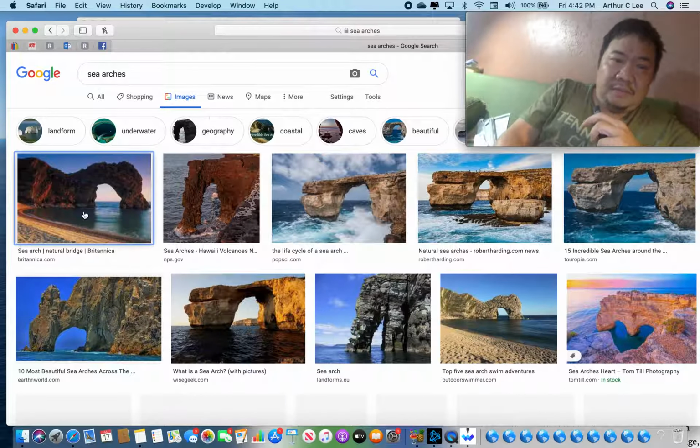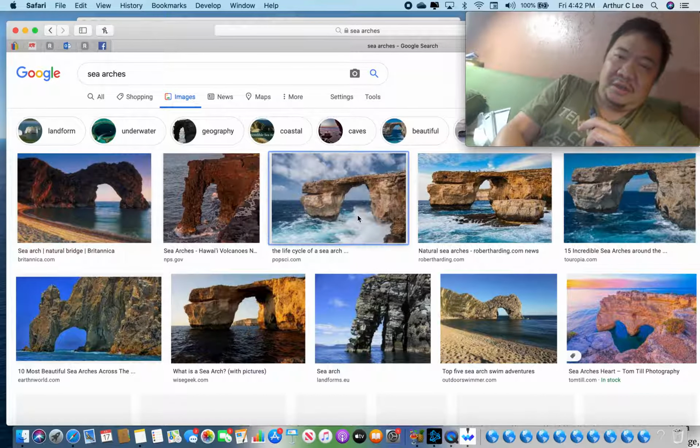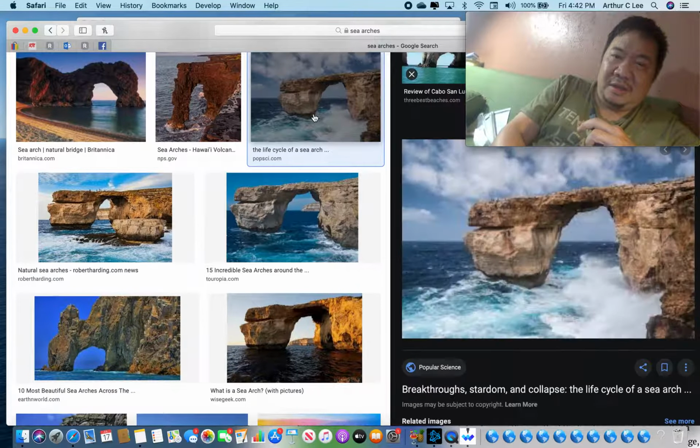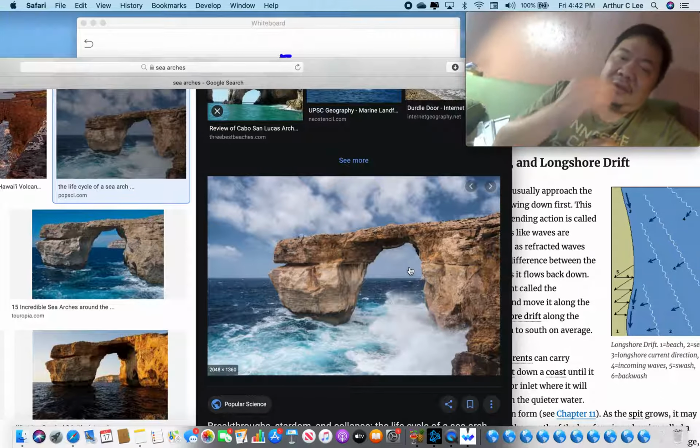Here you can see that this headland has been cut through sea caves, and then two sea caves are joined together and made a hole straight through the headland, and that's called a sea arch. This headland here, the two caves are connected, and there's your sea arch. You got a whole bunch of sea arches on the west coast. Why do you have sea cliffs on the west coast?